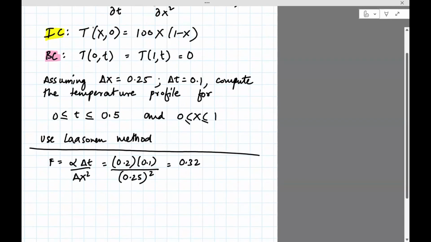Okay, we'll use Tij as our temperature profile, where i would be the time index, and j would be the space or position index.